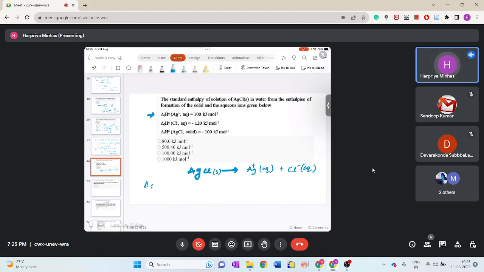So we have to find the enthalpy of solution, right?